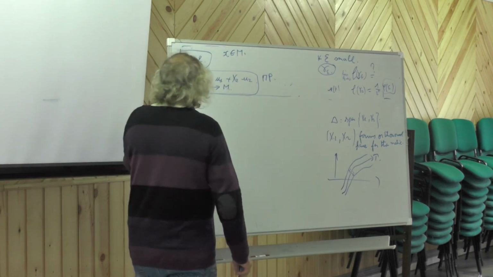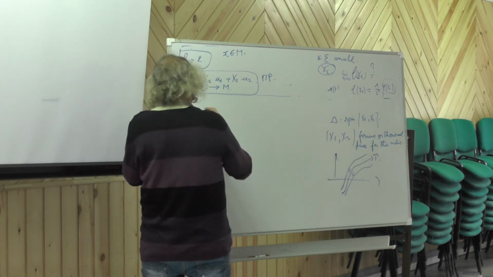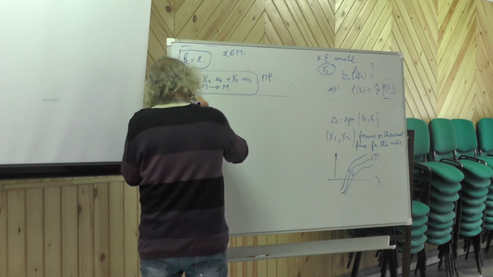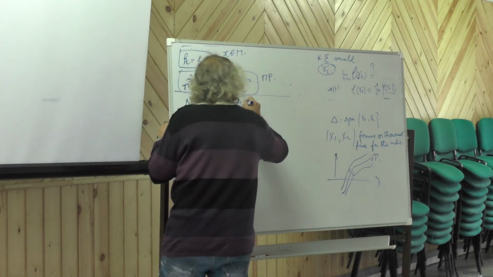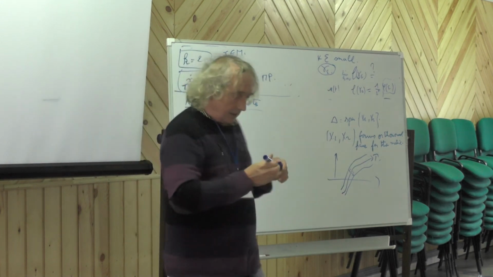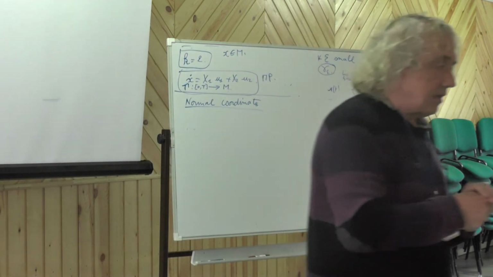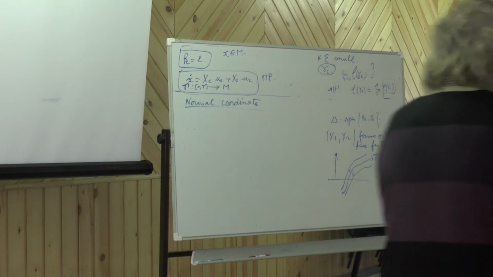Then there are some very special coordinates in that case that I call normal coordinates. And the word normal is in accordance with normal coordinates of Riemannian geometry. It is exactly like that.